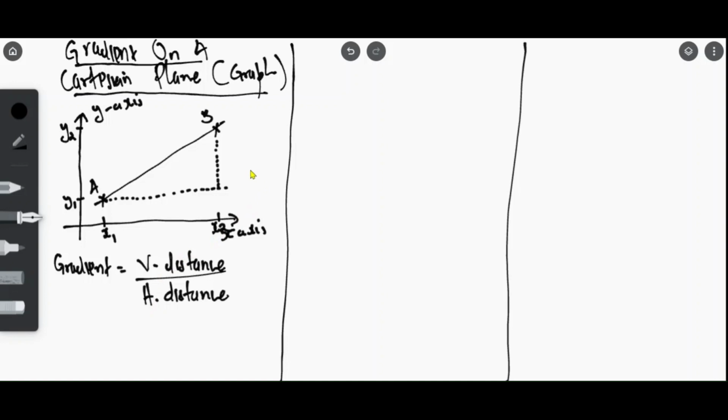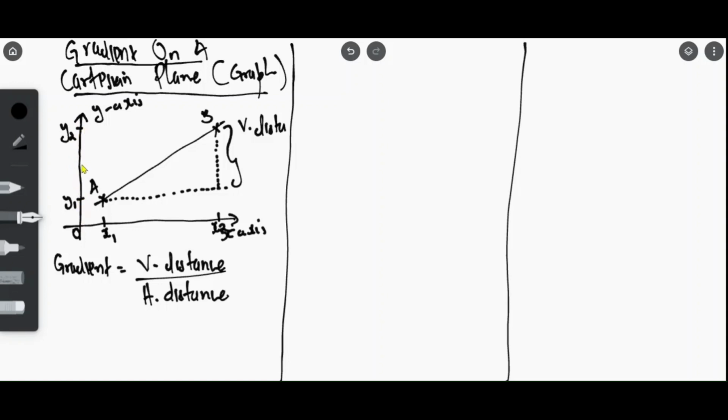So this is the vertical distance. If I want to get this distance, the vertical distance, this is the zero point, I will take this value. The distance from here up to here is y2, and the distance from here up to here is y1.